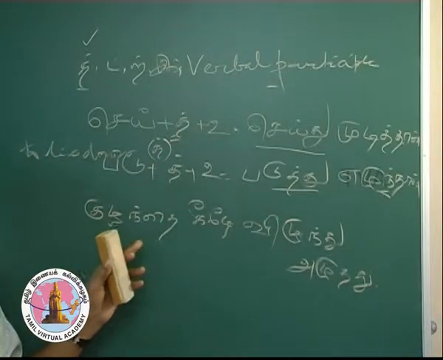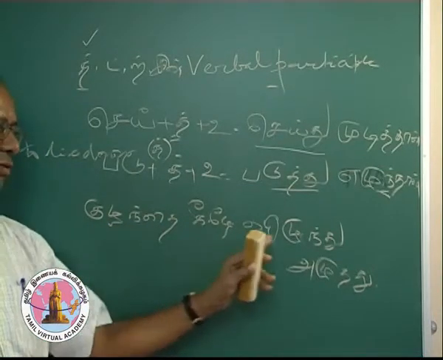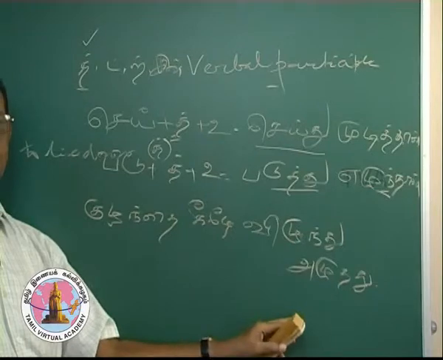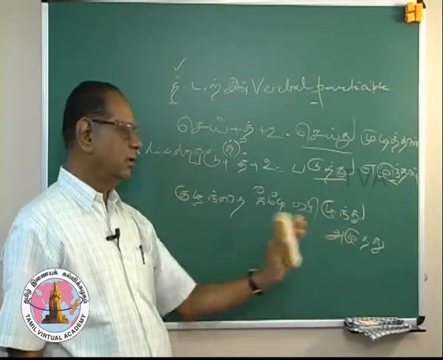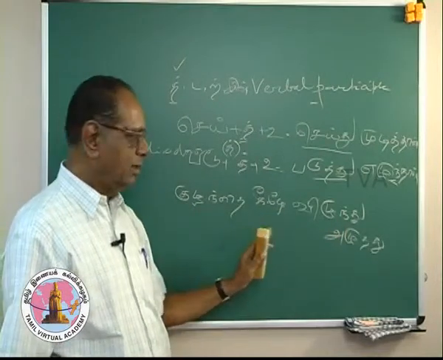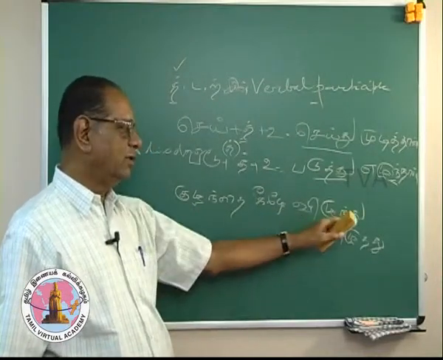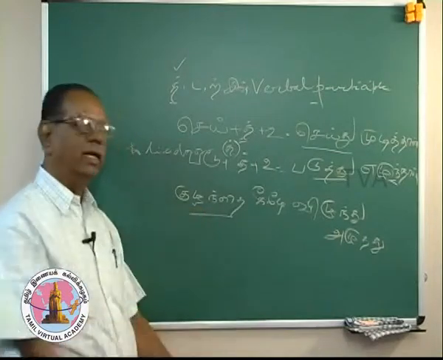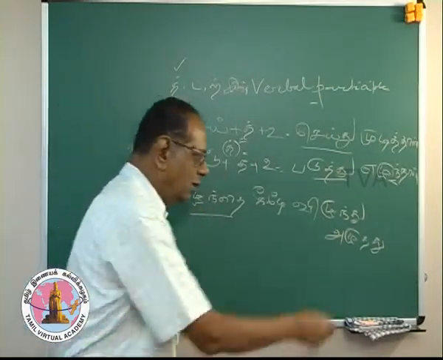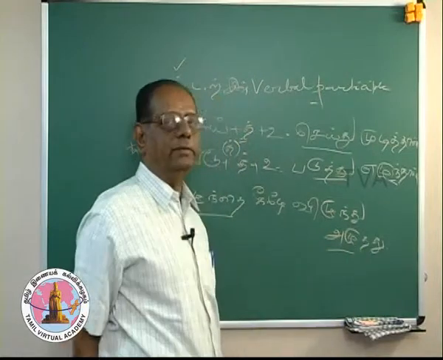குழந்தை கீழே விழுந்து அழுதது. I have deliberately used this ra in all the words. குழந்தை, the child. அழுதது, அழு to cry.